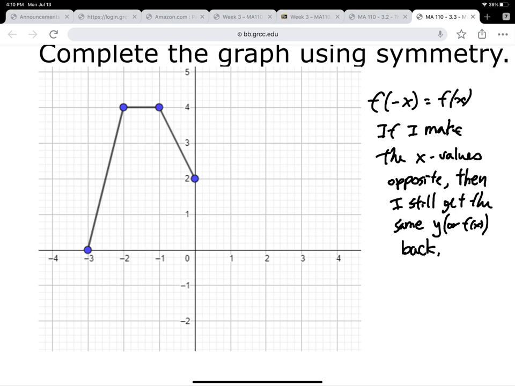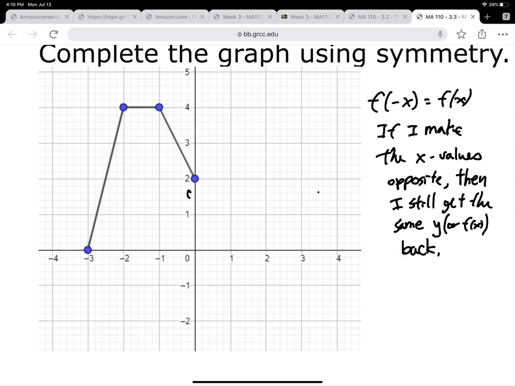So essentially what it's saying is if you take a point on the graph, you make the x the opposite, the y value is still the same. Okay, if that is true, then the function is even.